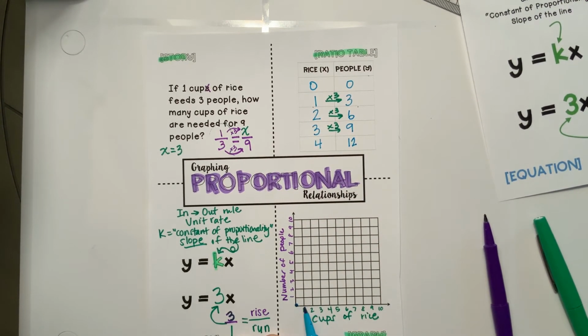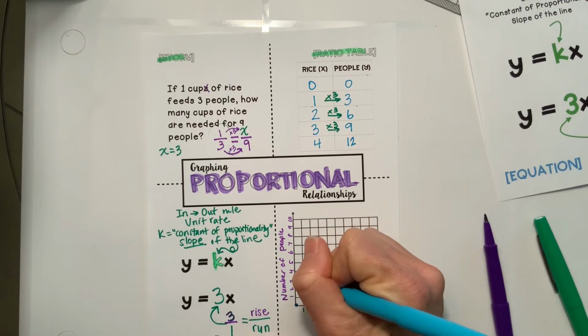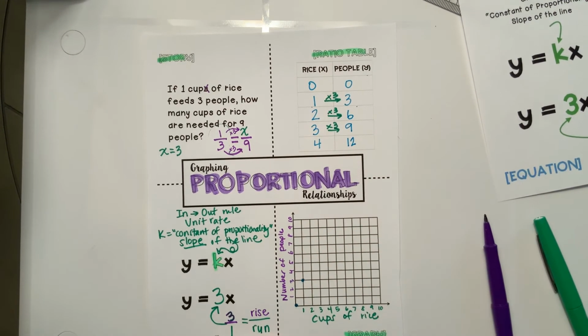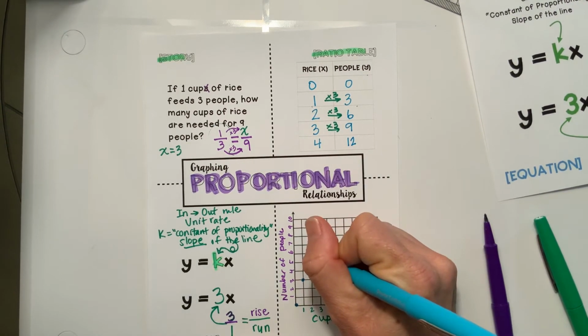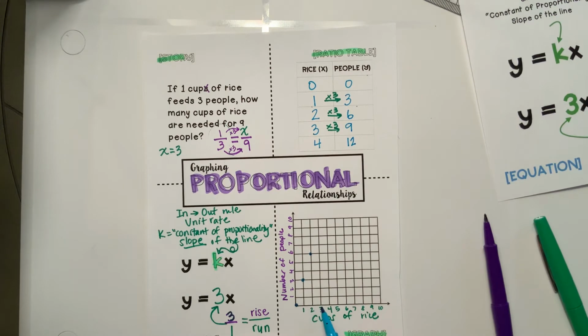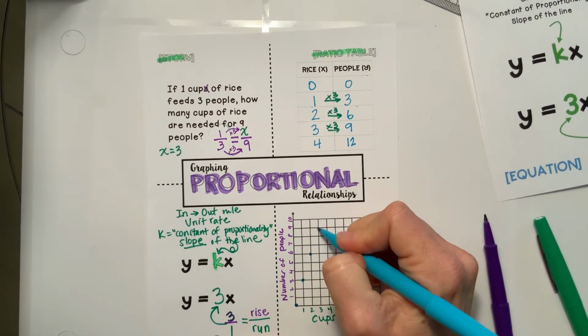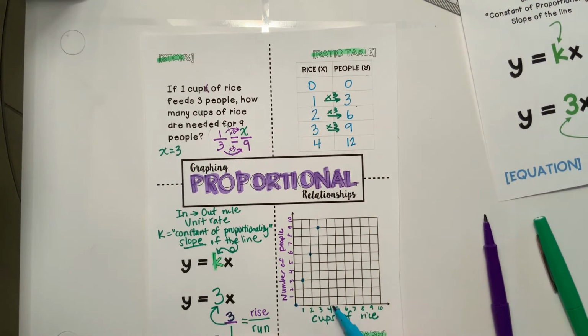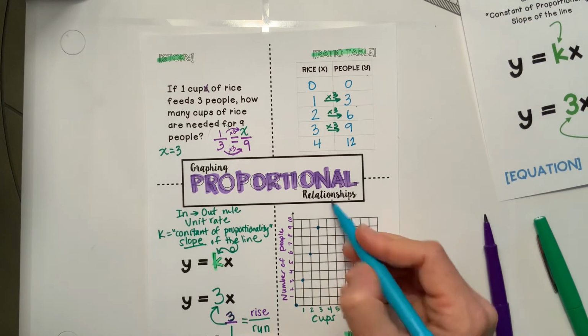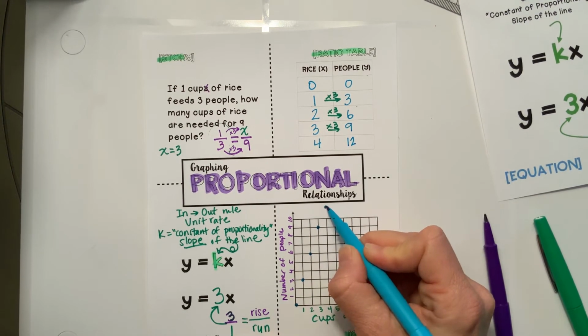So I'm going to go over 1 and up 3. And that's the coordinate pair 1, 3. Now I have 2, 6, so 2, and then 6. And then the next one, 3, 9. And then it would be 4, 12, and it goes off the grid a bit, and that's okay.